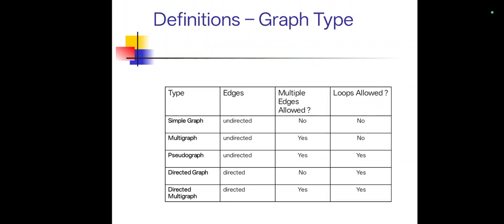Pseudograph: undirected, both multiple edges and loops are allowed. Directed graph: directed edges, no multiple edges, and loops are allowed. Directed multigraph: directed edges, both multiple edges and loops are allowed.